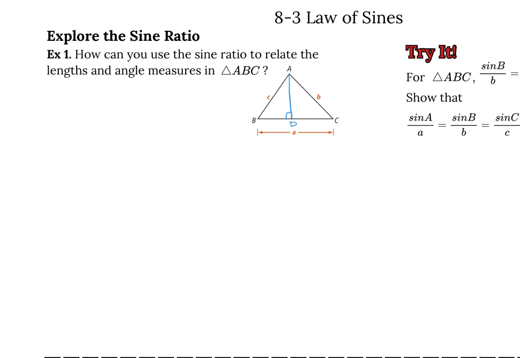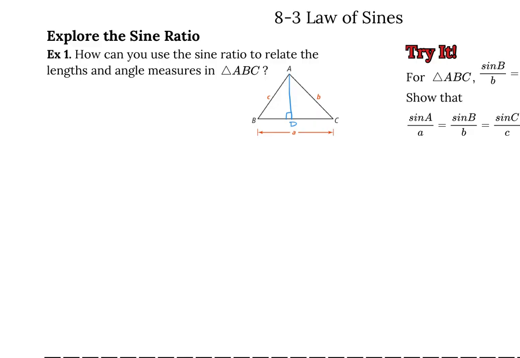I'll call that D. Now I've got two right triangles, so I can use my trigonometric ratios. They want us to discuss how we can use these sine ratios to relate length and angle measures.